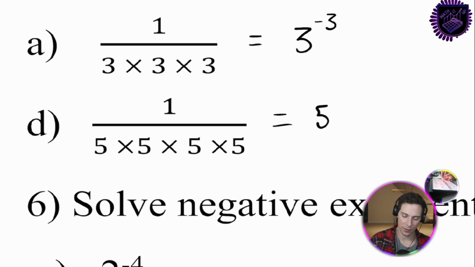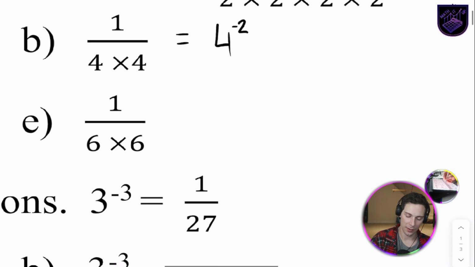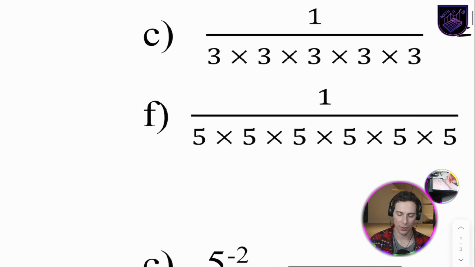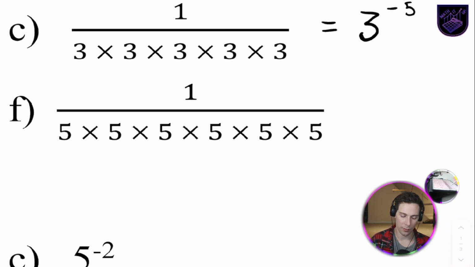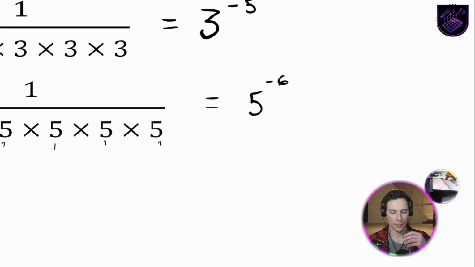Five to the power of negative 4. E. Base is 6. This is going to be equal to 6 to the exponent negative 2. We have 1, 2, 3, 4, 5, 6. 5 to the power of negative 6.